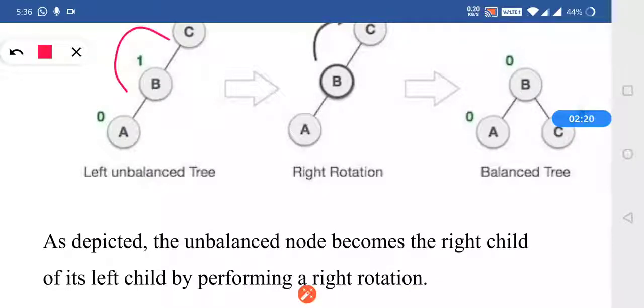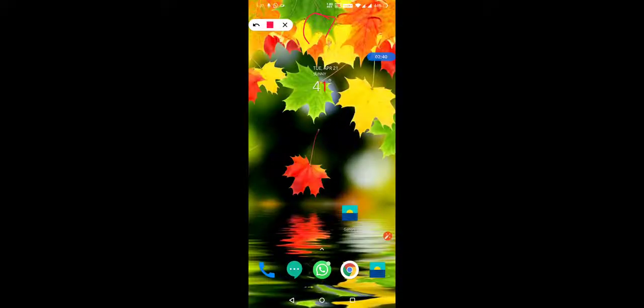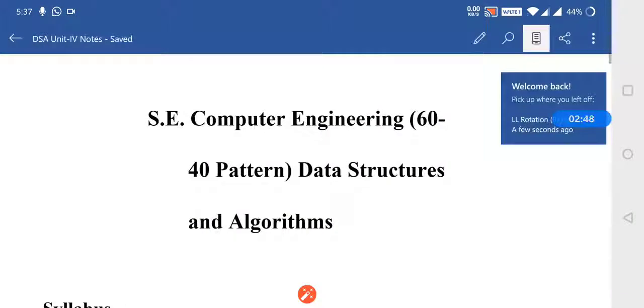You can see over here, this is the unbalanced node. So we have done the right rotation, and by right rotation C is brought down to the bottom level. We can see over here C is at the bottom level, C is the right child now, and now your tree is balanced.